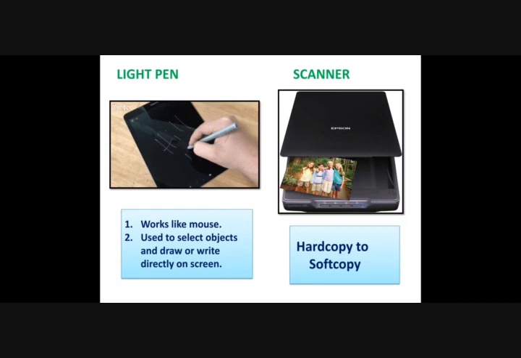You can even edit it, and do whatever work you want with that soft copy, right? And as you all know, hard copies are a little difficult to manage, because in the long run you cannot manage all the hard copies with you. But yes, soft copies are easy to manage.